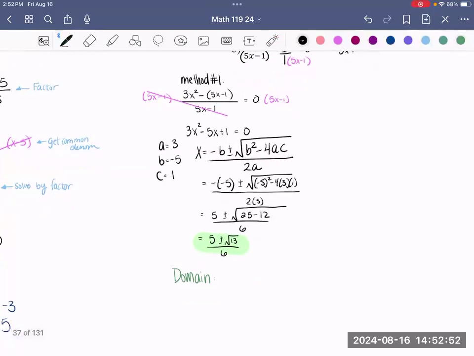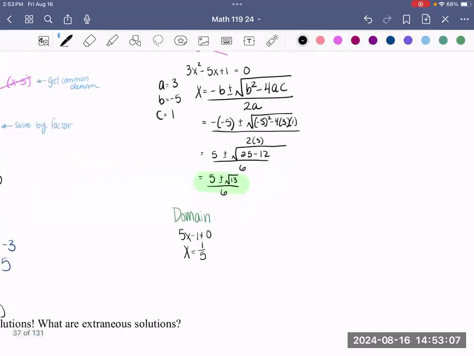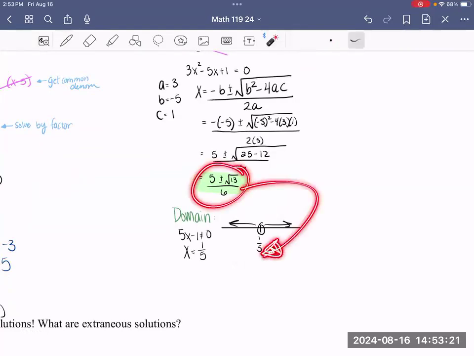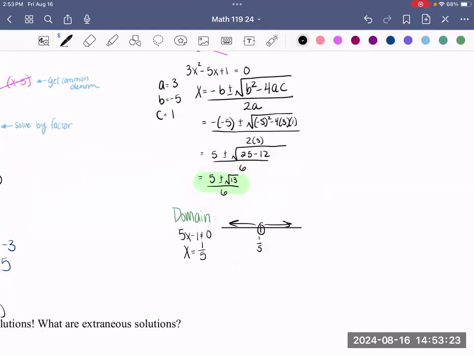So we can set 5x minus 1 equal to 0 because we don't want it equal to 0 down below. So when x is equal to positive 1/5, this will cause that 0 in the denominator. So your domain here is any number but 1/5. So we just want to skip over that value. So as long as your solution is not 1/5, then you are totally fine with your answer.